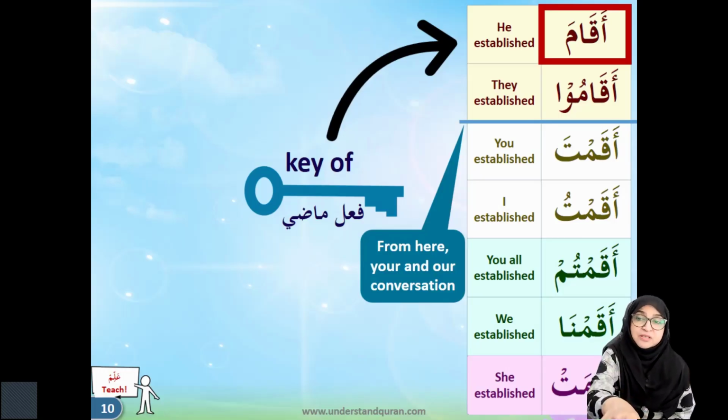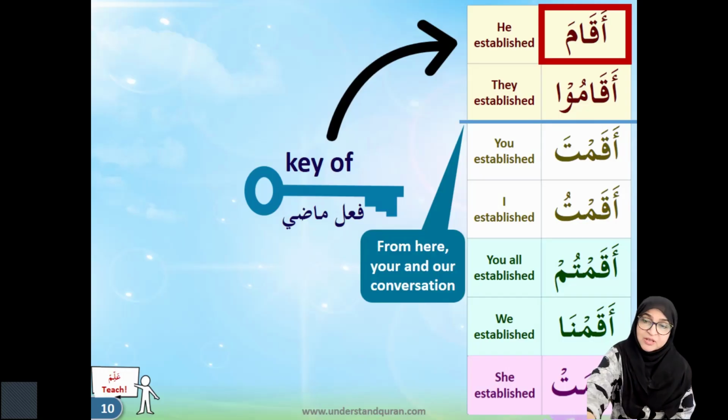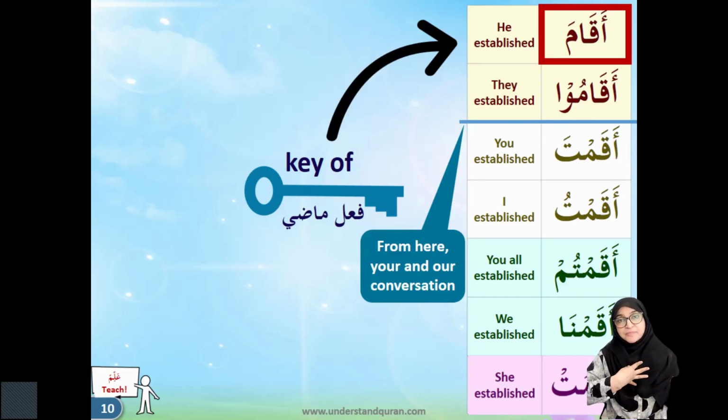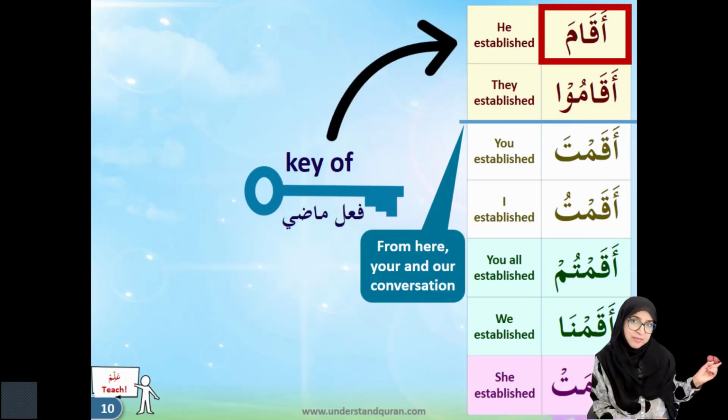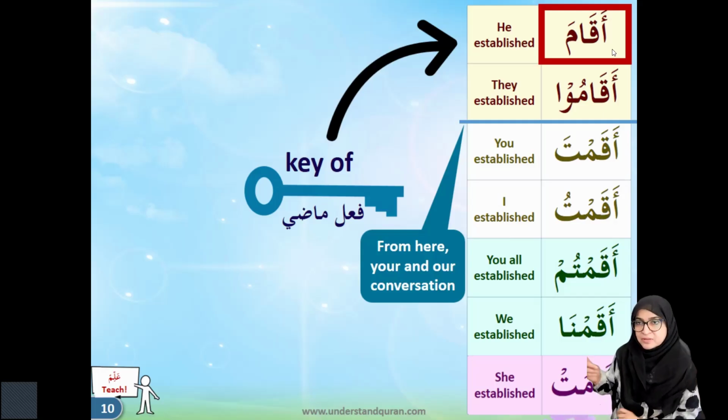You established, aqamta. I established, aqamtu. You all established, aqamtum. We all established, aqamna. She established, aqamat. So I think this is very easy. We have been doing it from the past 3 courses. So can you please repeat this? I'll just give you the English and you can repeat after me.